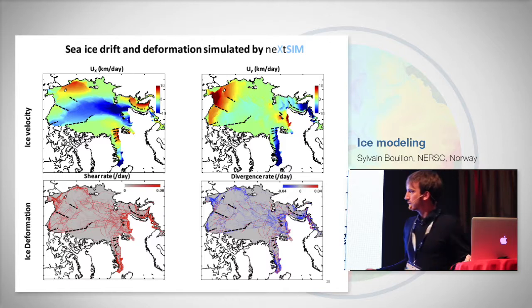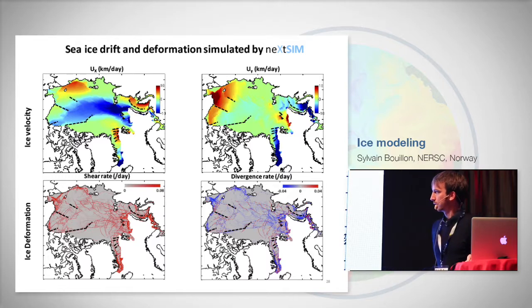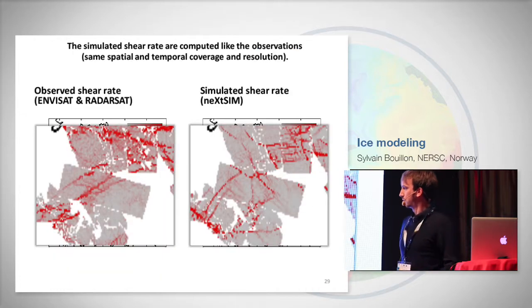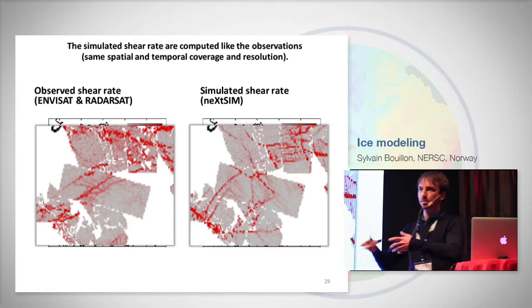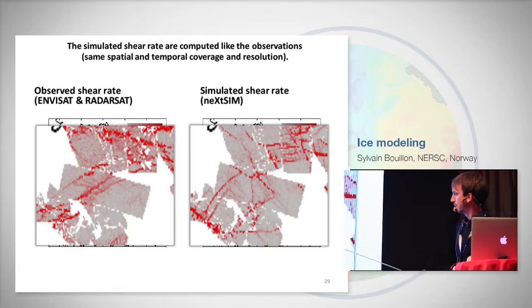So it looks similar, at least qualitatively. If we zoom in, we see that in the model we have these strong localized deformation bands, like in the observation. It's a bit more noisy in the observation than in the model.